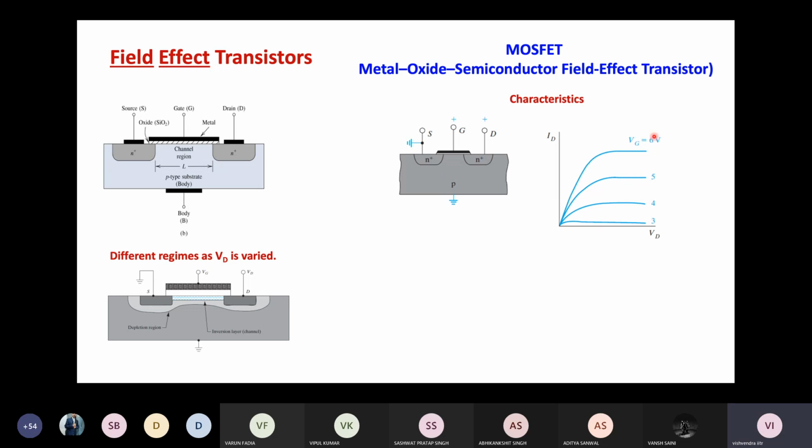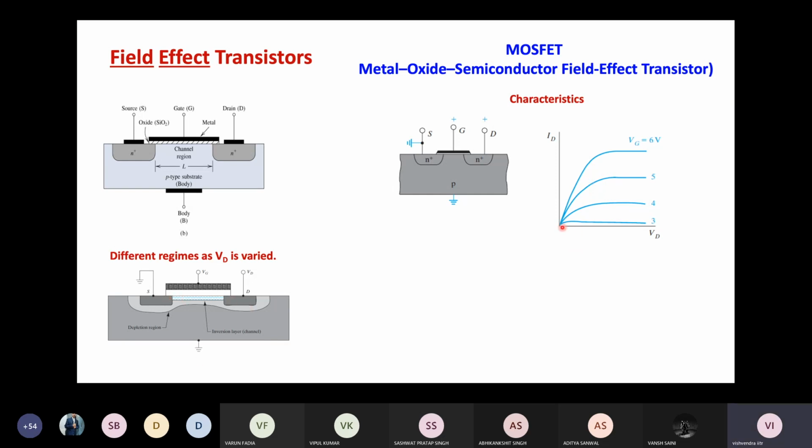Yeah, so these are the IV characteristics, and these are various IV plots as a function of gate voltage. As you can see, a positive gate voltage creates a layer of electrons. If we try to understand this particular case, when the gate voltage is around 5 volts, this layer would be there.